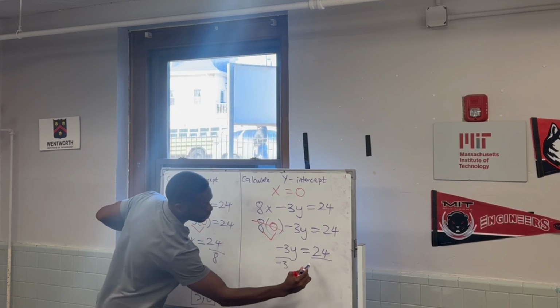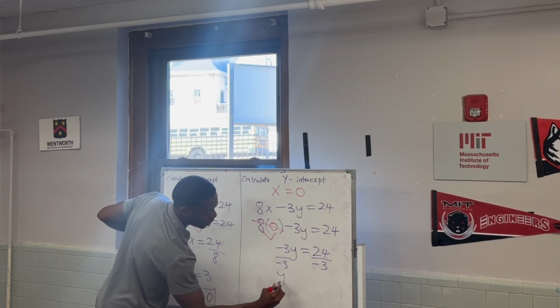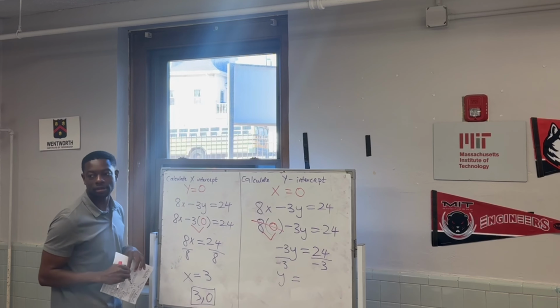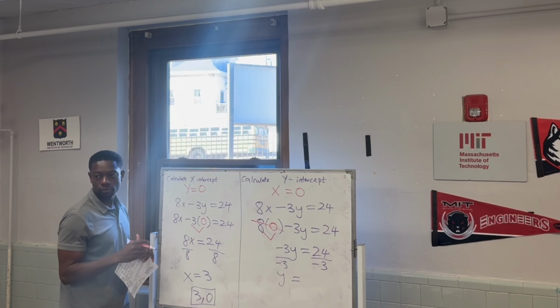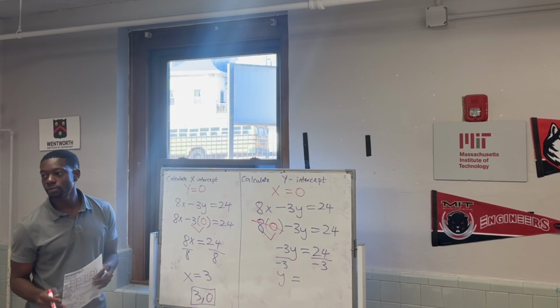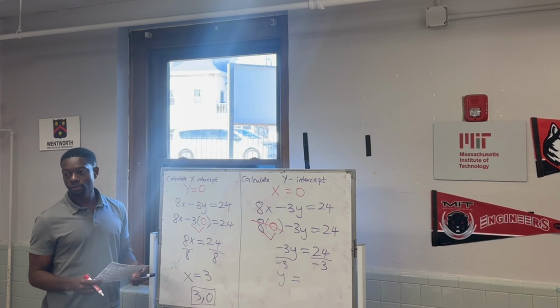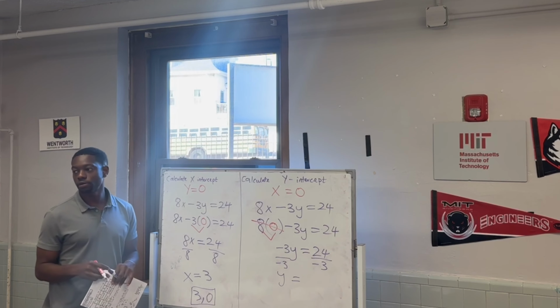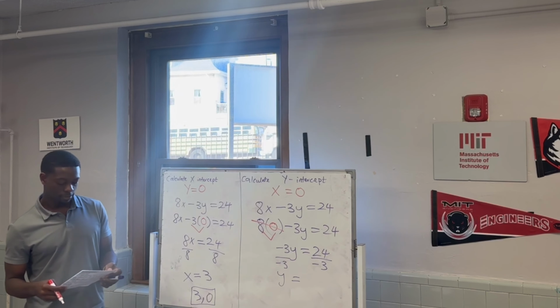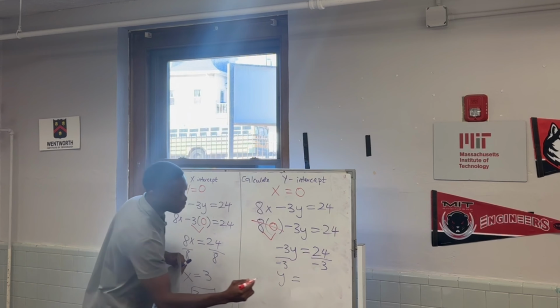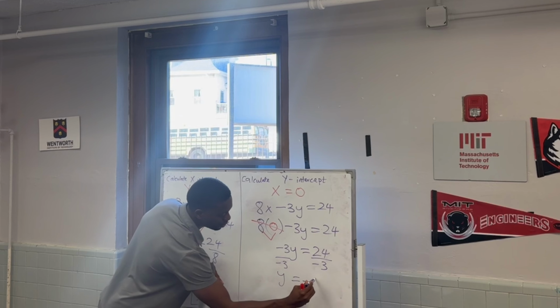Divide by negative 3. Somebody with a calculator, what's 24 divided by negative 3? Negative what? Negative 8, right? So my answer here is negative 8.